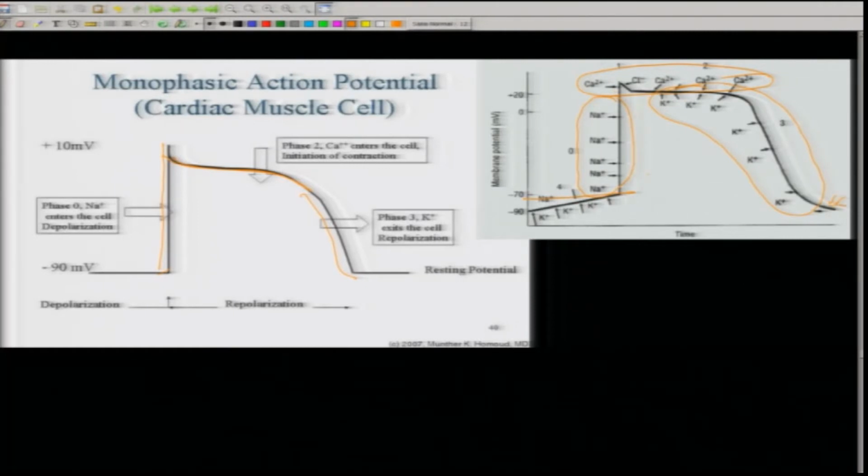So, this is the fundamental difference between the monophasic action potential of cardiac muscle cell or cardiac myocyte as compared to the pacemaker cells. This is something which I want you to compare back and forth.